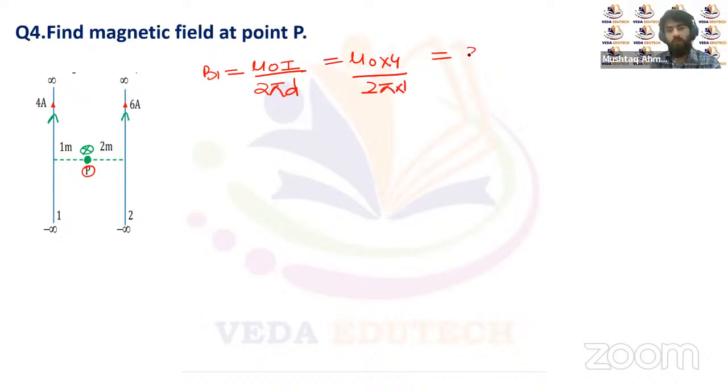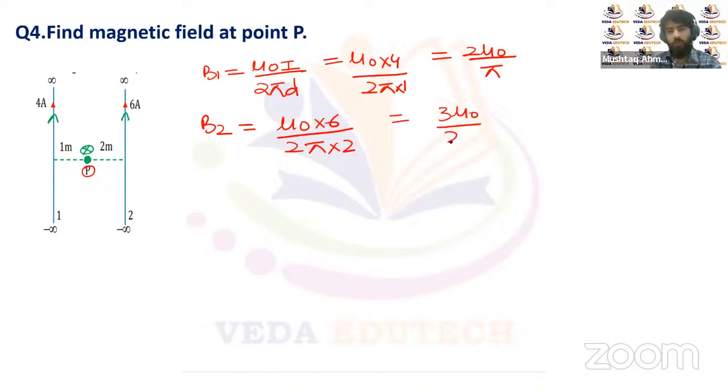So we'll have 2 mu naught upon pi as the magnetic field B1. And similarly, the magnetic field B2 will be mu naught I, which is 6, upon 2 pi, the distance d is 2. So it will be 3 mu naught by 2 pi. This will be B2.